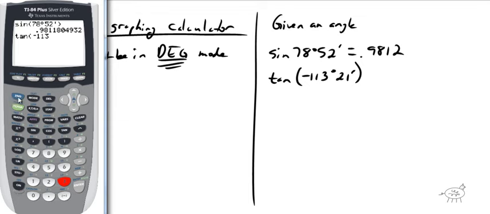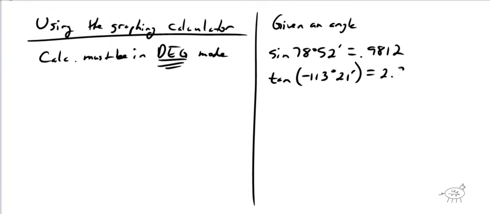So tangent of negative 113 degrees 21 minutes, hit enter, and you get 2.3164. Really easy.